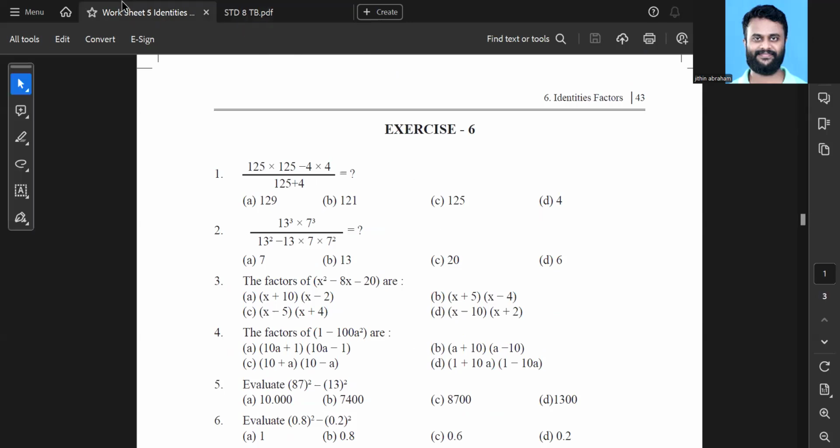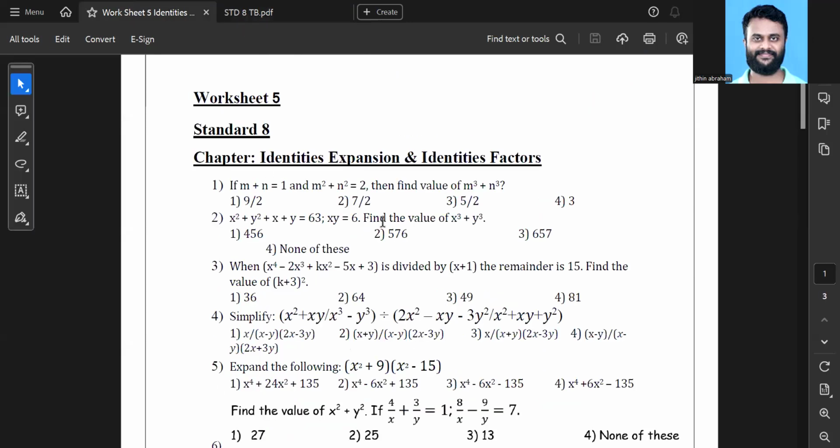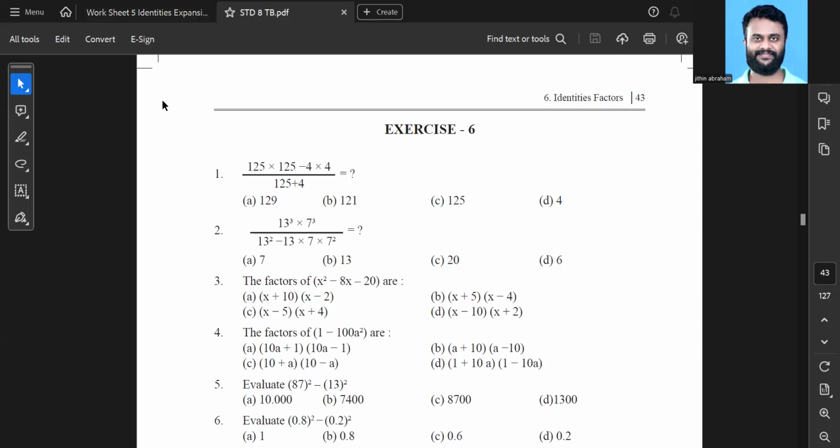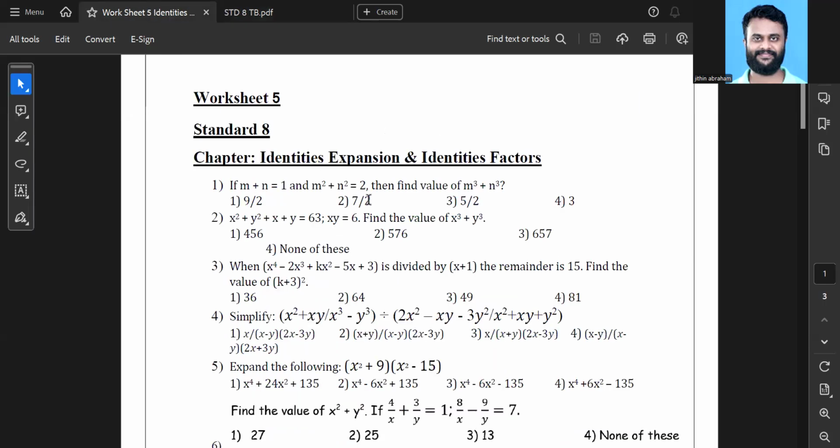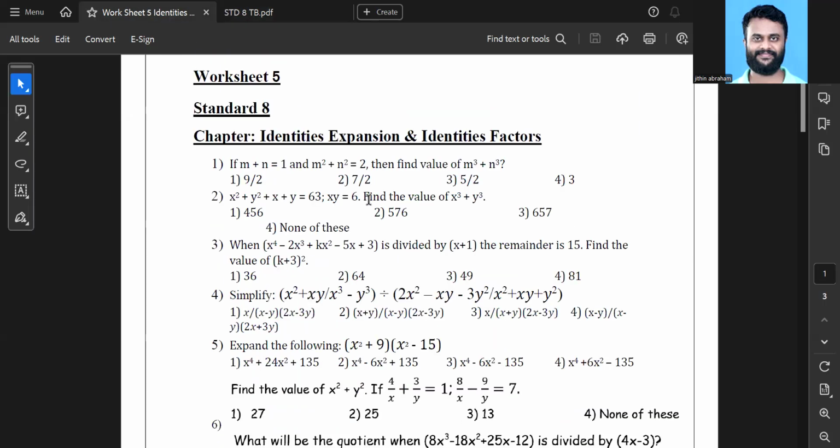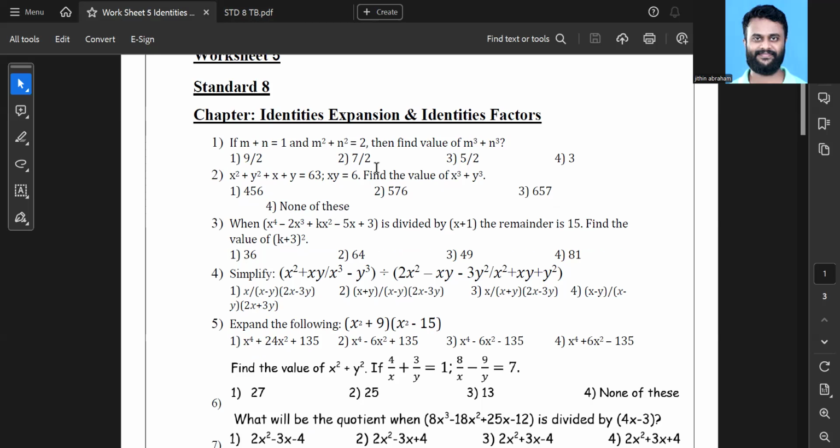After I complete the worksheet, then only you go for the exercise problems, and as I've already told you, after finishing a few chapters, we'll assign one doubt solving session where we'll be discussing all the doubts. Anyway, so worksheet 5, it's identities expansion and identities factor.